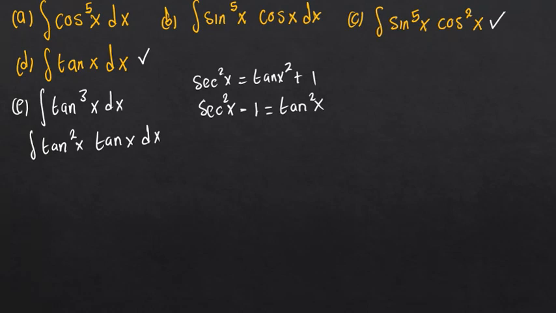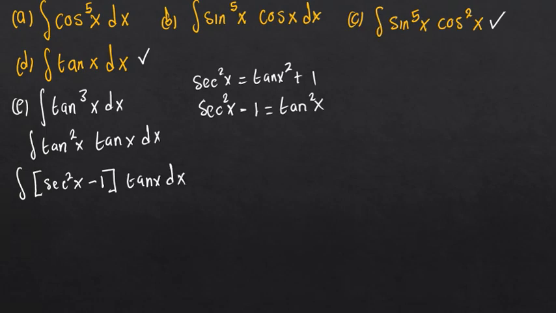So now we can replace. By replacing, we are going to put secant squared x minus 1, then we have our tan x dx here.